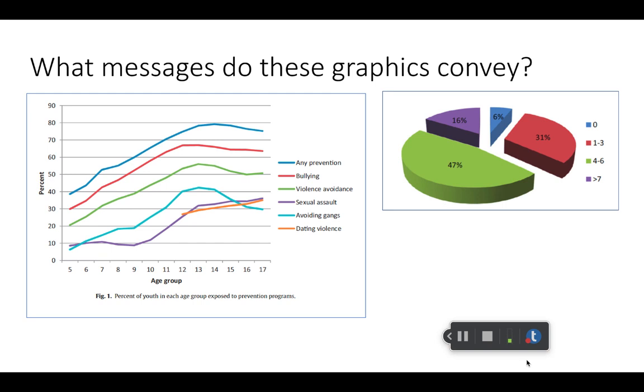And what you're seeing is, for 5-year-olds, the percentage of 5-year-olds who were exposed to any prevention program or to other kinds of prevention programs. And for 6-year-olds, a different sample, you're seeing the results from that sample and so on up to age 17. But each column, if you will, each age group is really a separate sample.